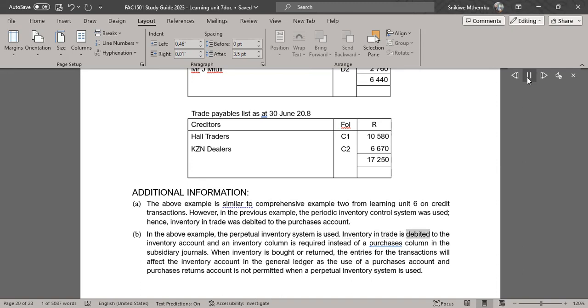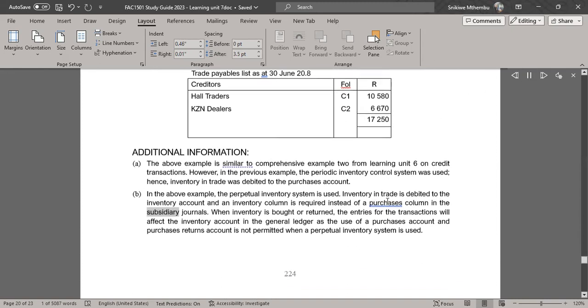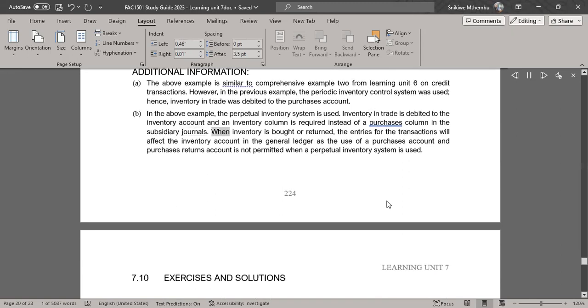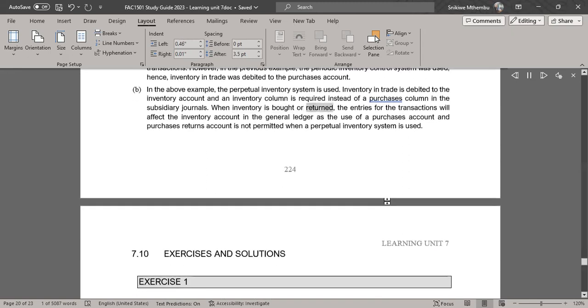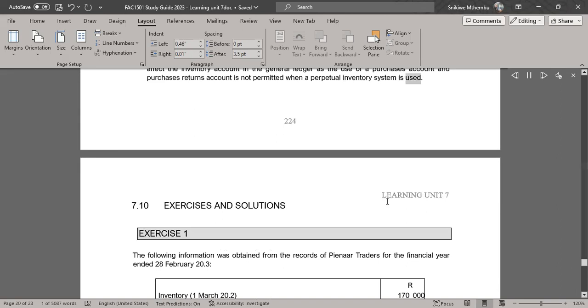Inventory in trade is debited to the inventory account and an inventory column is required instead of a purchases column in the subsidiary journals. When inventory is bought or returned, the entries for the transactions will affect the inventory account in the general ledger, as the use of a purchases account and purchases returns account is not permitted when a perpetual inventory system is used.